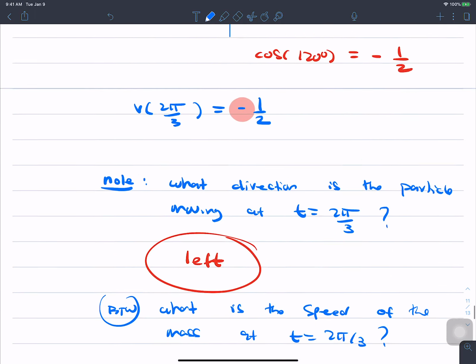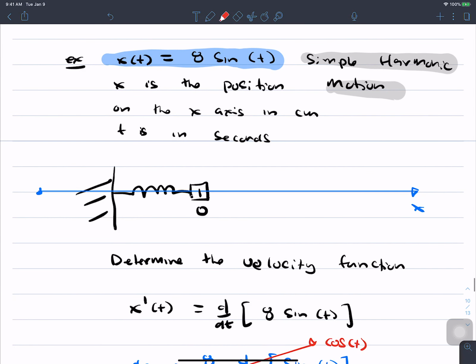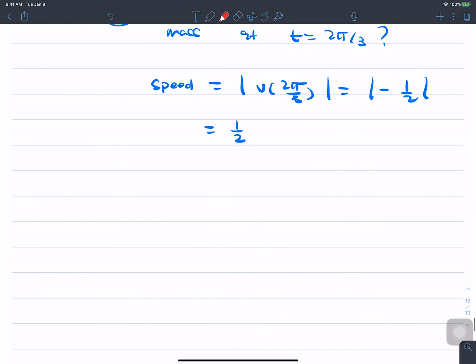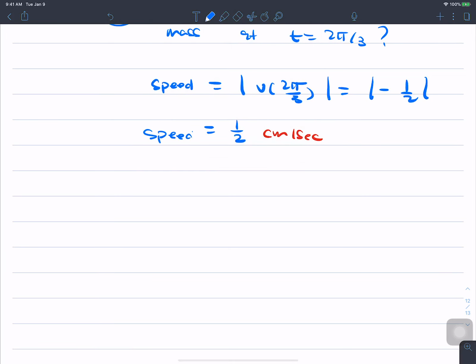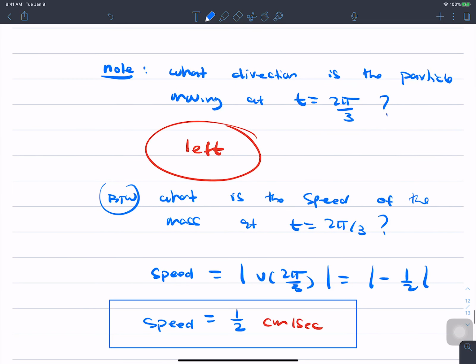And I think they use the distance to be what units? Centimeters. Okay, so centimeters here, and so my speed will be centimeters per second. And that's my speed. There it is, ladies and gentlemen. You got the direction of the particle, and then you have its speed.